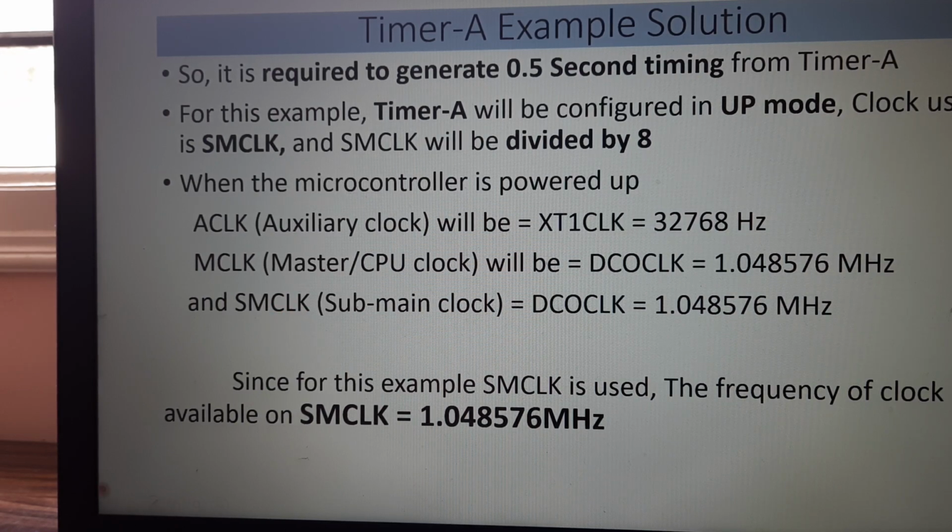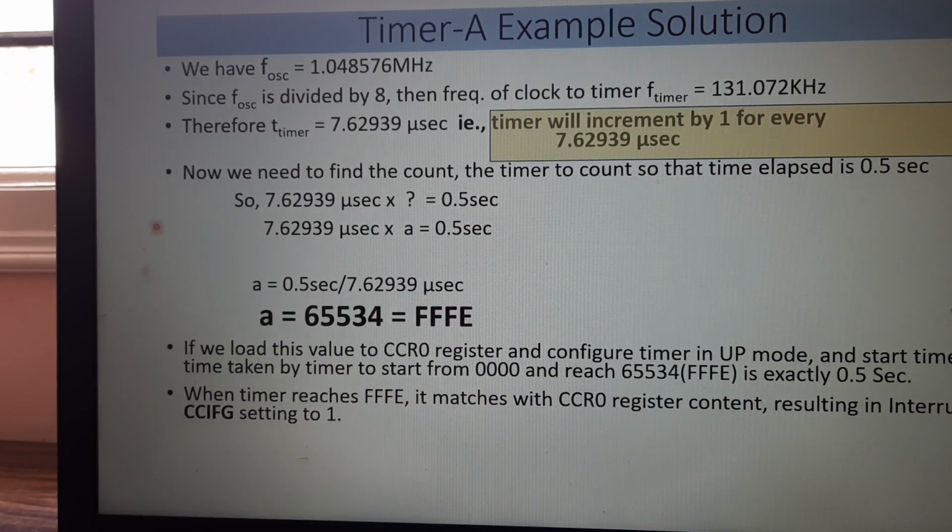That means when I switch on the microcontroller, I'll be getting about 1.048 megahertz in the SM clock. So we have an oscillator frequency of 1.048 megahertz. Since I'm going to divide by 8, the clock applied to the timer has a frequency of around 131 kilohertz.